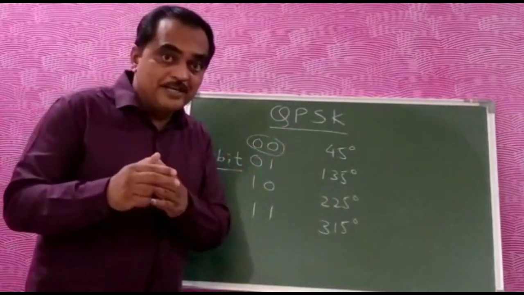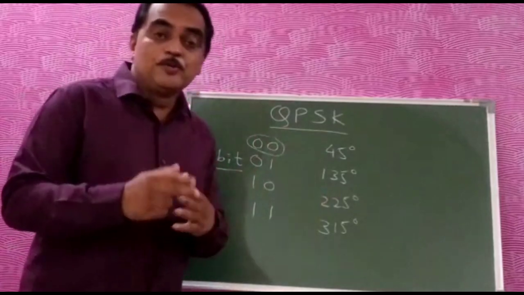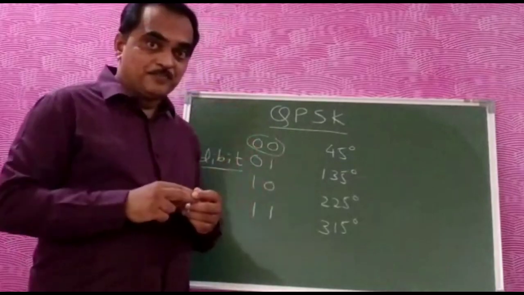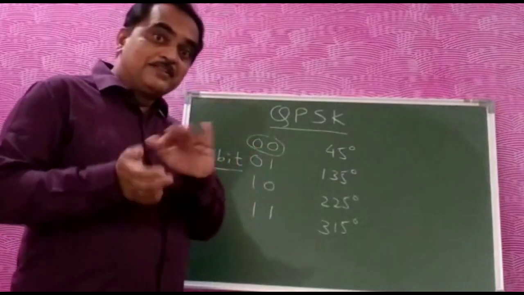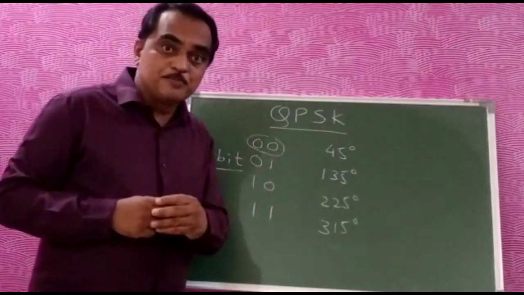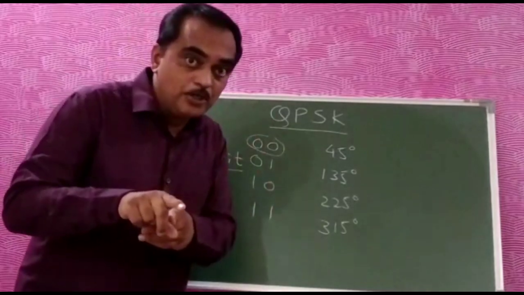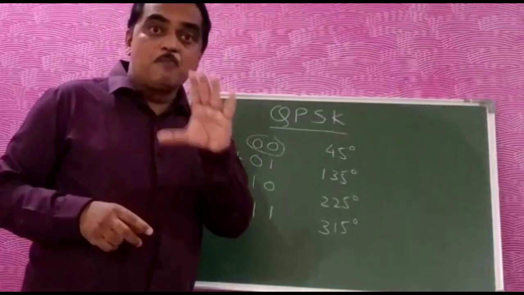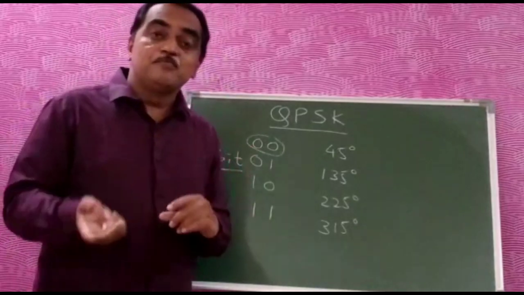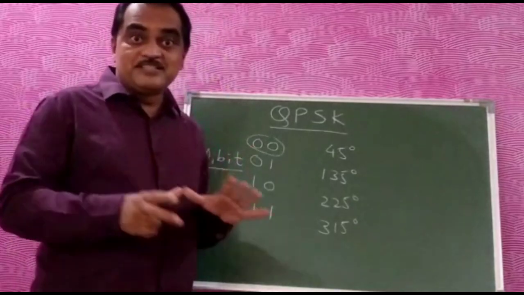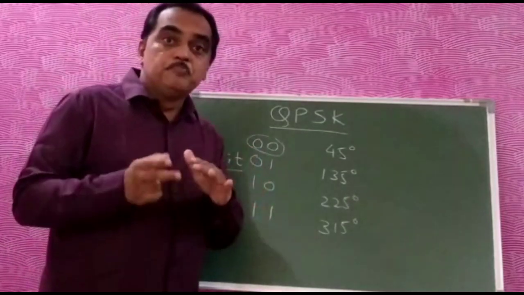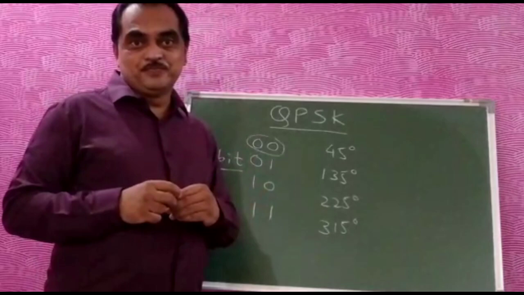That means your data rate has increased. Your number of bits per second has increased, whereas your baud rate is the same. Baud rate is the number of symbols per second, but every symbol is indicating 2 bits. So whatever baud rate you have, the data rate will be more than that. This is an advantage compared to BPSK and DPSK.